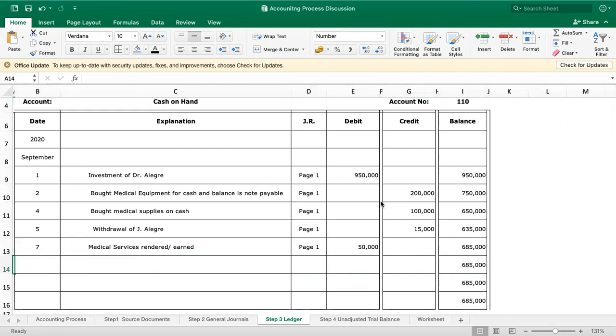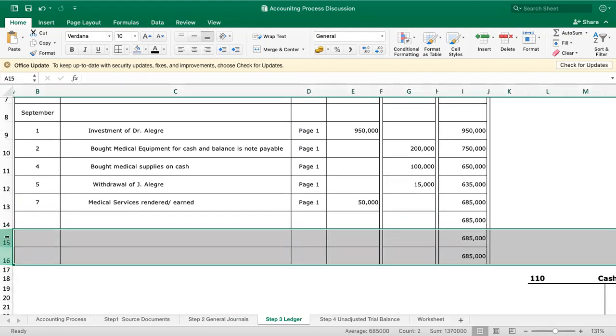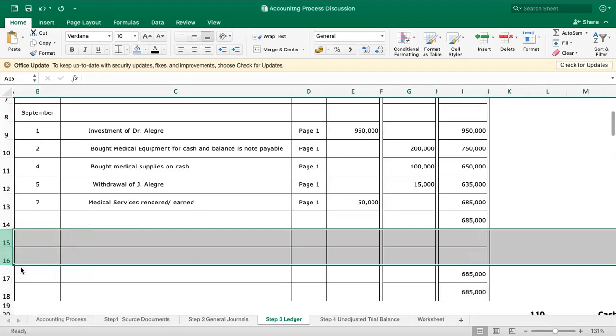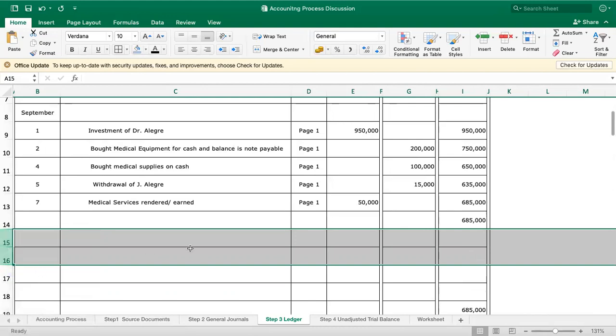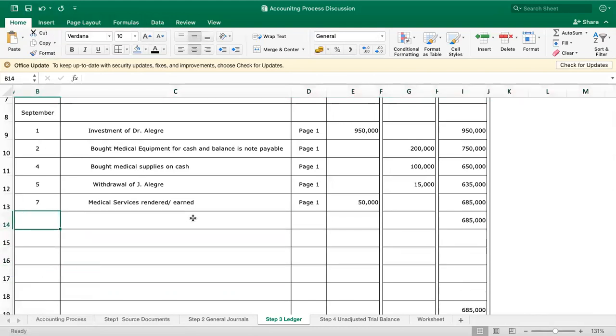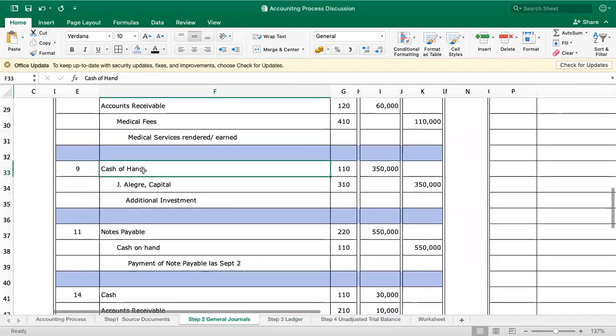Okay, next transaction that affects your cash. Let's add another. Okay. Next transaction, we're done with September 7. September 9, there is again cash on hand, debit 350,000. Explanation, this is additional investment.